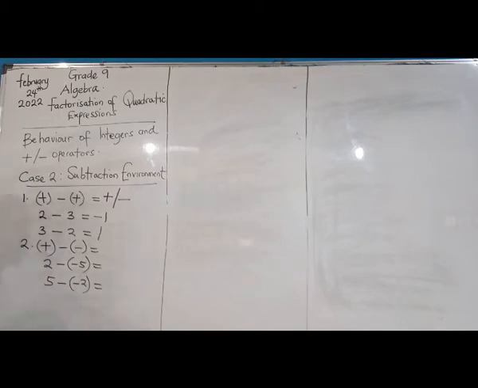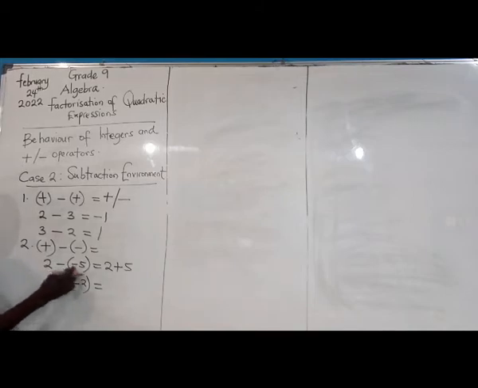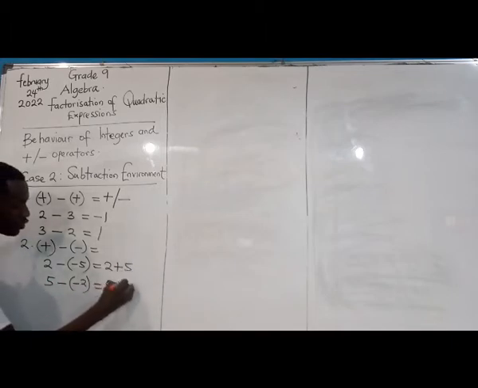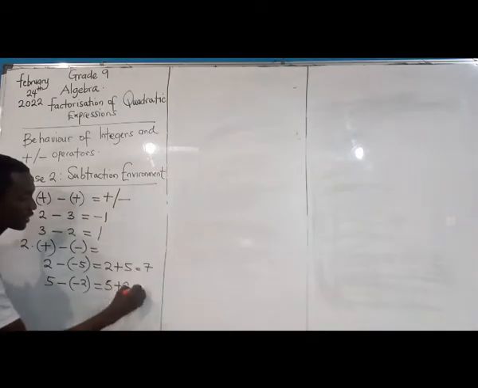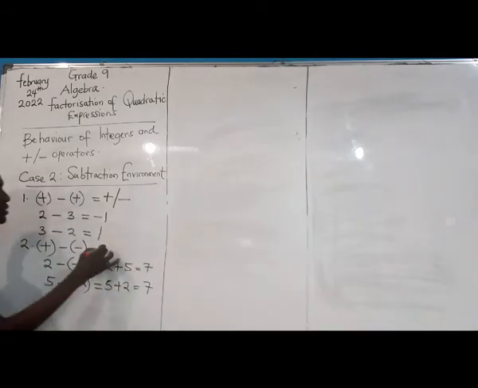So what would your answer be? Look at it. This will be the same thing as what? 2 plus 5. Is that not? We are borrowing from what we know. Negative times negative must give you positive. Now, negative and negative here will also give you what? Positive. So that will be 5 plus 2. This will be 7 and this will be 7 also.